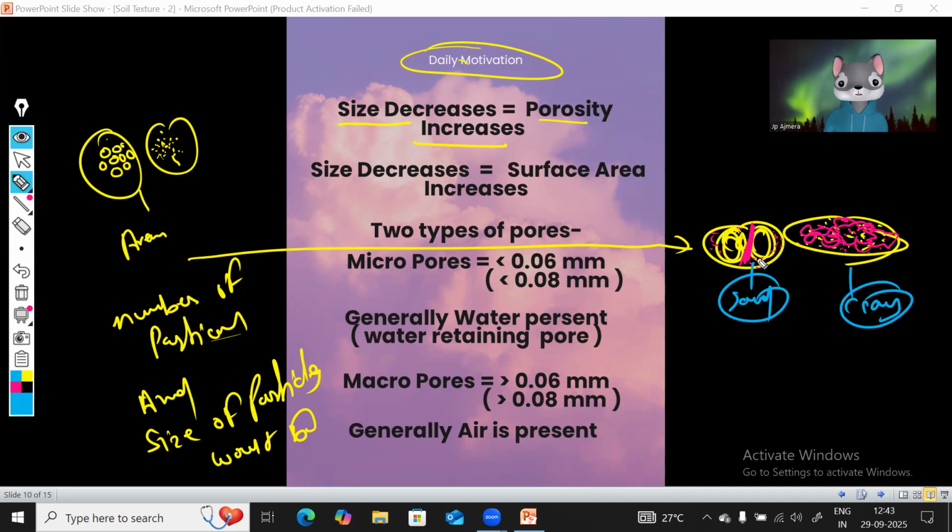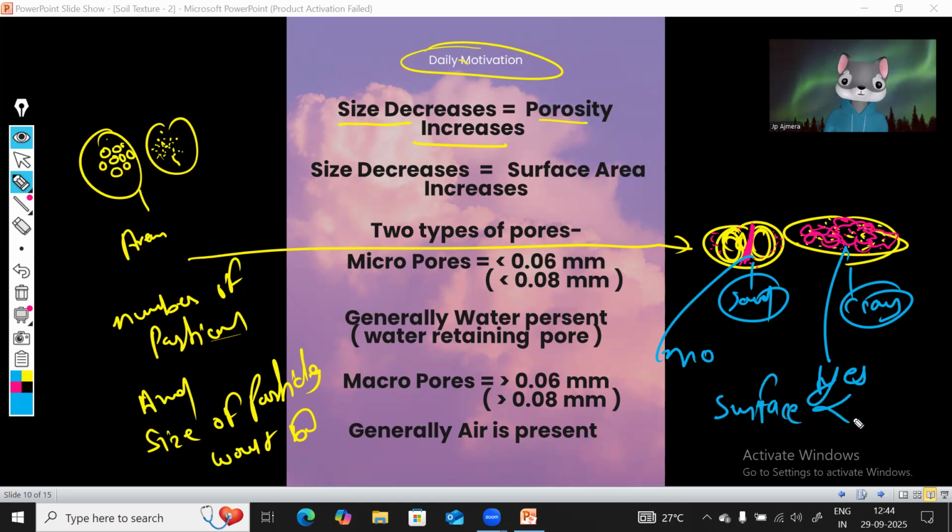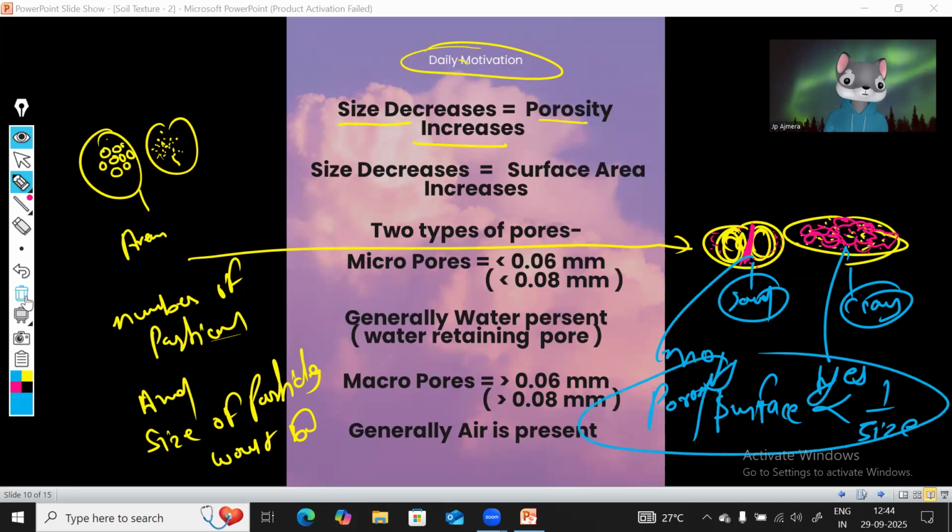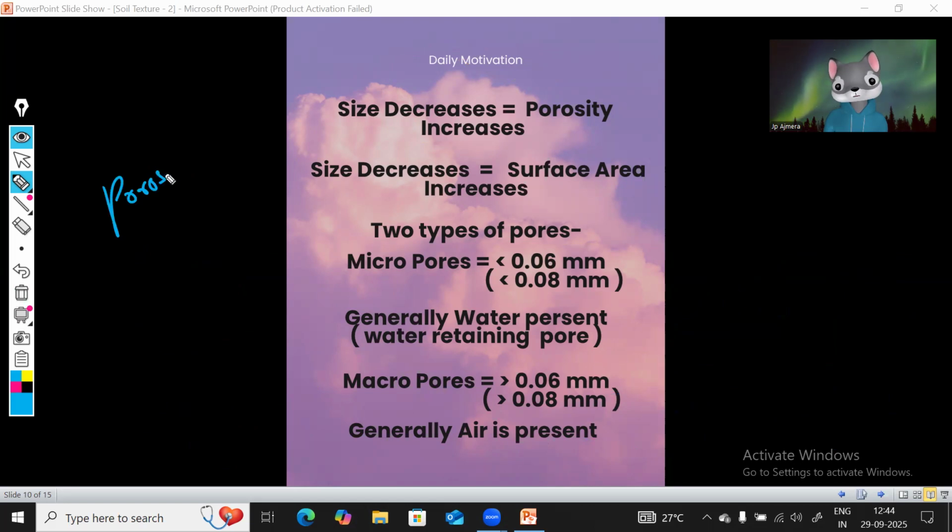So where is the pore space now? Where the particle size is small. So surface area is opposite to the size. Surface area and porosity, both are opposite to the size of particles.